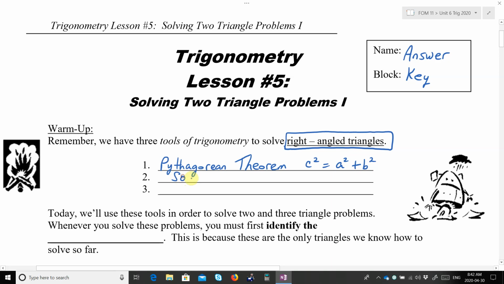We have SOHCAHTOA, which stands for sine is opposite over hypotenuse, cosine is adjacent over hypotenuse, and tan is opposite over adjacent. And we also have angle sum of triangle equals 180 degrees. Now that's true in any triangle, that angle 1 plus angle 2 plus angle 3 equals 180 degrees.